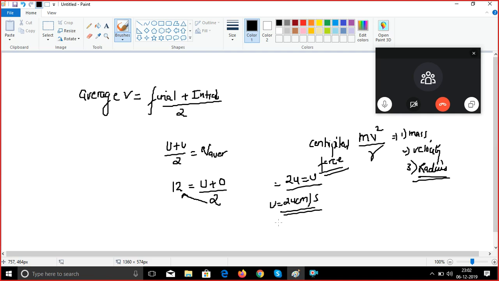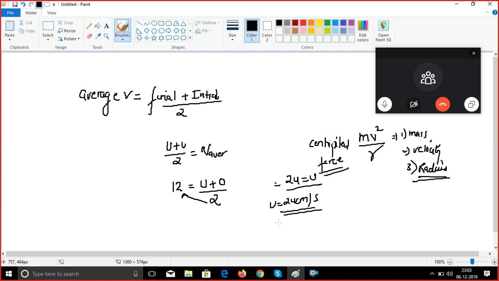Well, it'll increase with the speed. Yes. Increases when speed increases, and it'll decrease as the radius decreases.